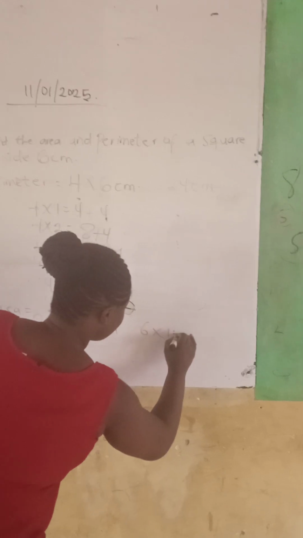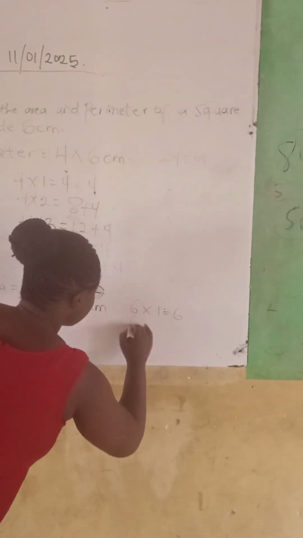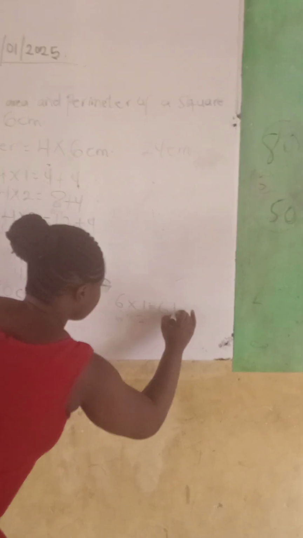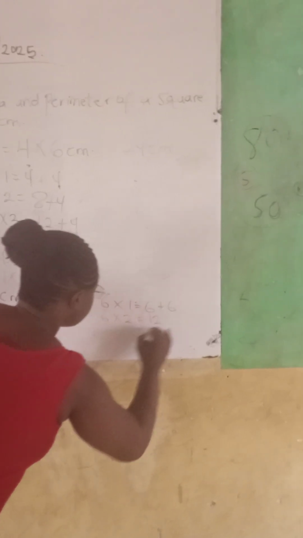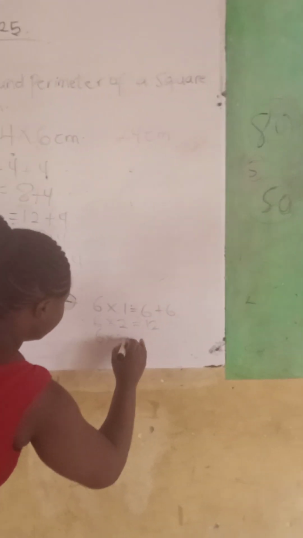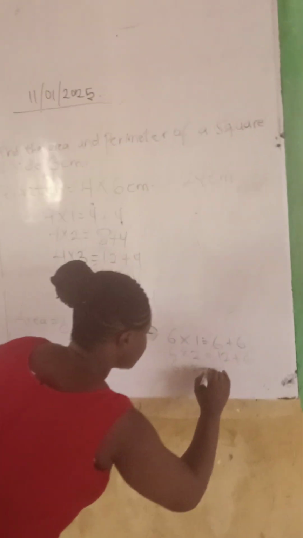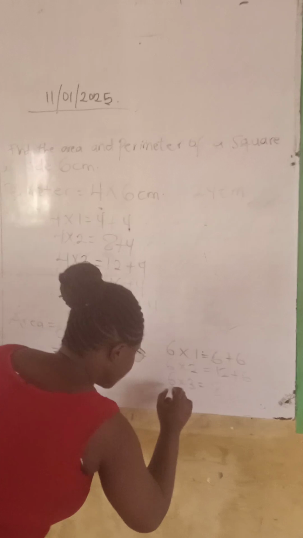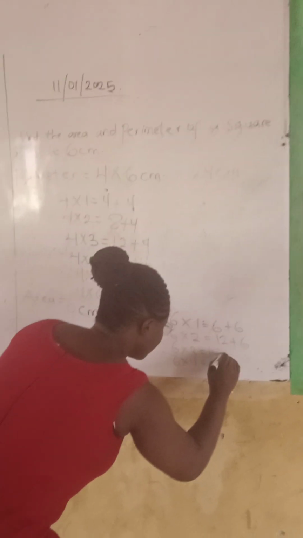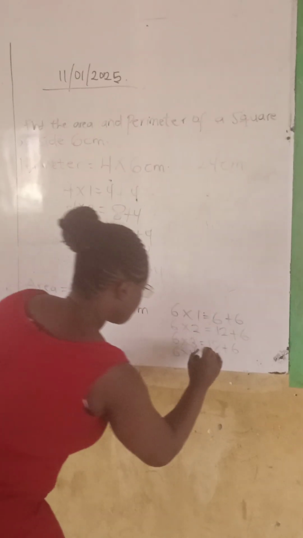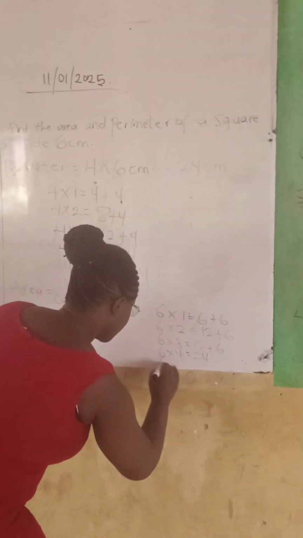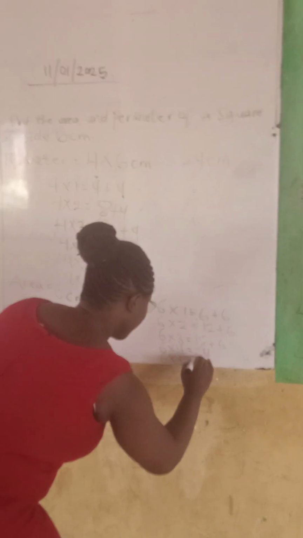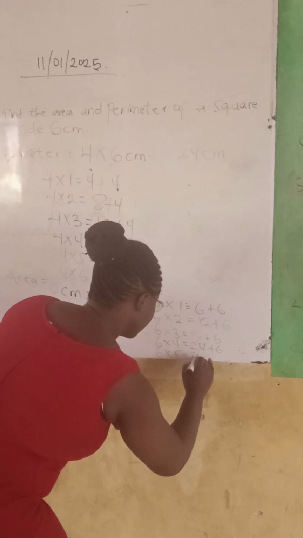6 times 1 gives us 6. 6 times 2, plus 6, gives us 12. 6 times 3, plus 6, gives us 18. 6 times 4, plus 6, gives us 24. 6 times 5, plus 6, gives us 30.